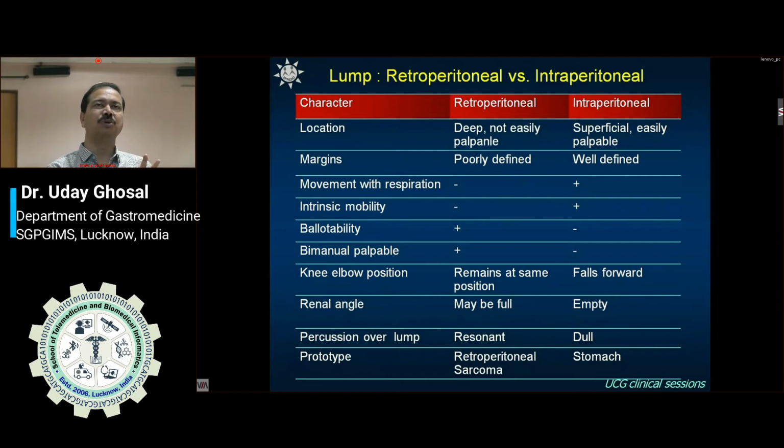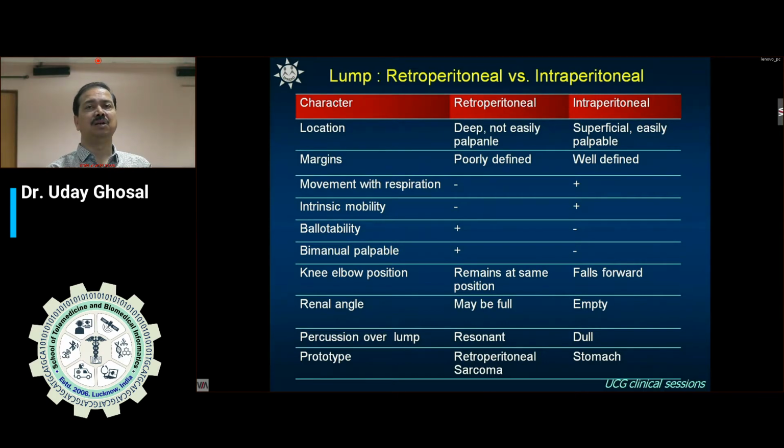That means it will not be very well mobile, mobility will be less, it may not move with respiration, it may not fall forward in knee elbow. Classic example, pseudocyst. On the other hand, some of the kidney lumps, though they are retroperitoneal, may behave like intraperitoneal, and there may be confusion.